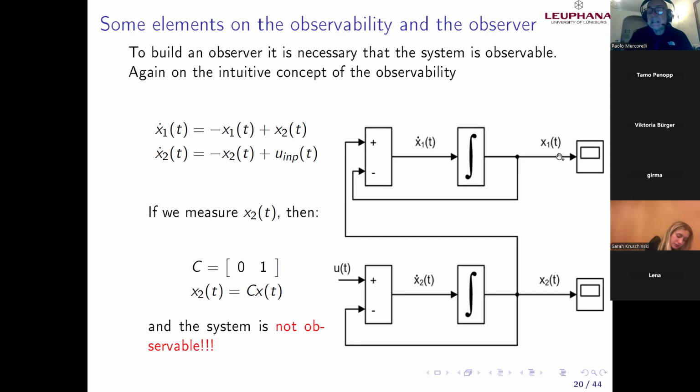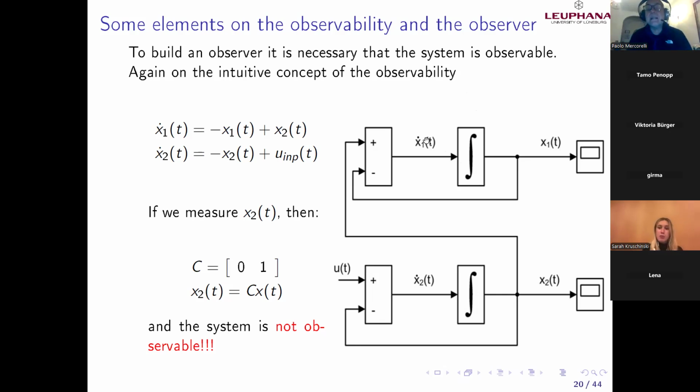Look, x1 is one of the possible outputs, because it reflects the energy. Between x1 derivative and x1, we have an integral. Here I didn't put the initial condition, because also in MATLAB, in Simulink, which uses exactly block diagrams, as we will see today, the initial condition is inside. But anyway, if you remember from gymnasium, if I have the derivative of the variable, if I do the integral of this derivative, and I know its initial condition, I know also the variable.